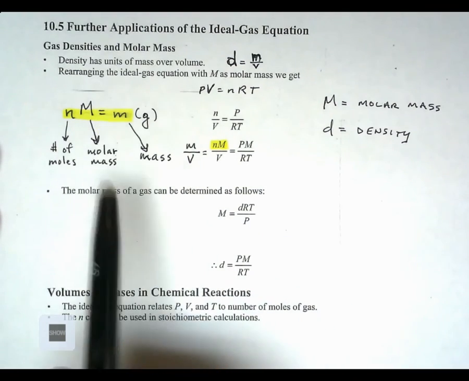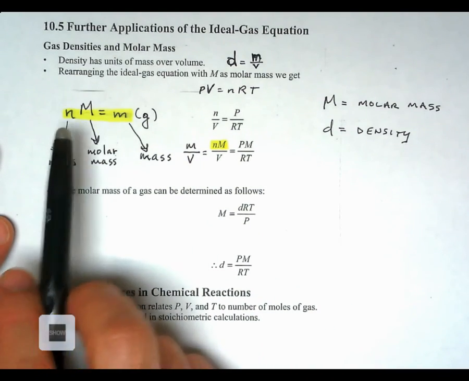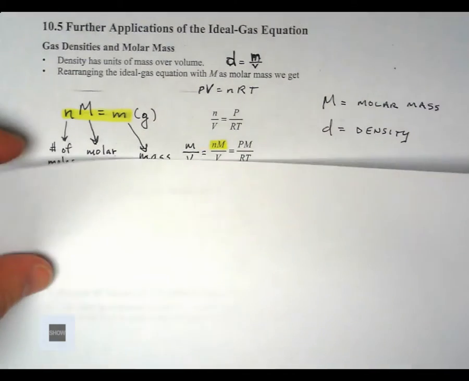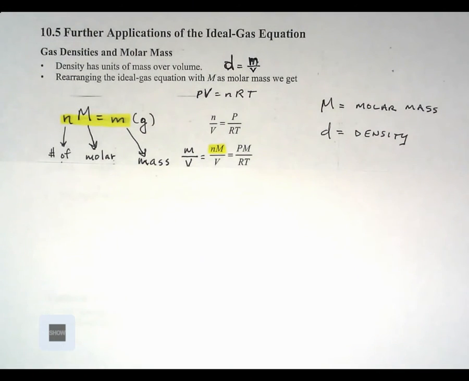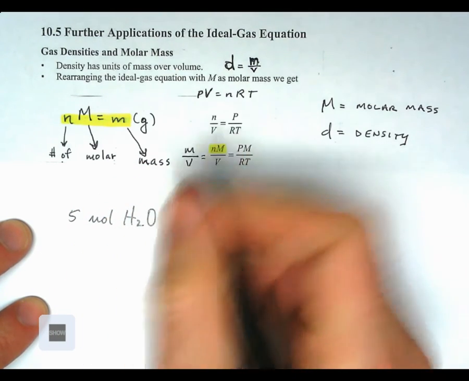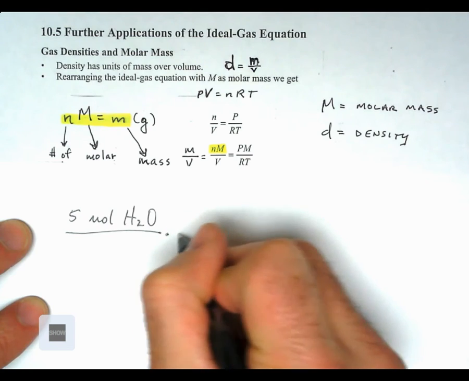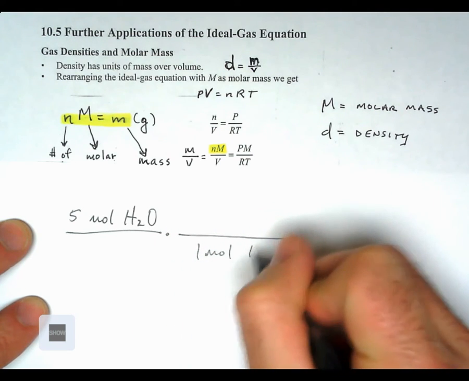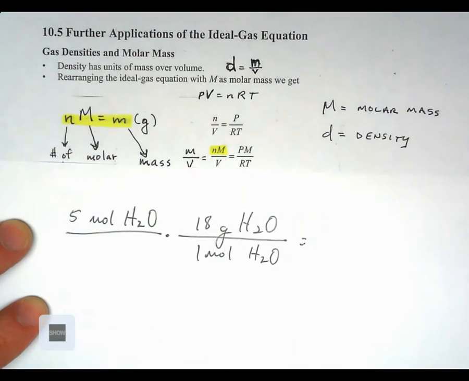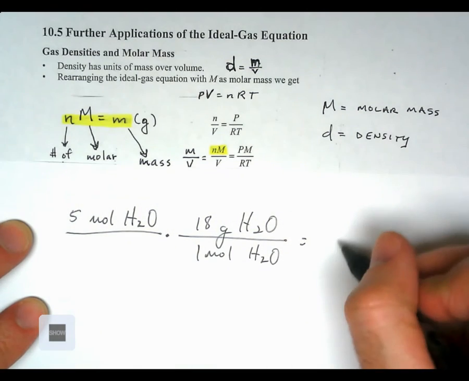So if you take the number of moles times the molar mass, just to give you an idea, if you had 5 moles of water and you wanted to turn that into grams, you would do 1 mole of water, 18 grams of water, and whatever that comes out to be: 90 grams of water.